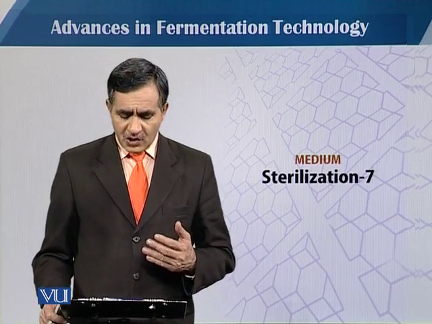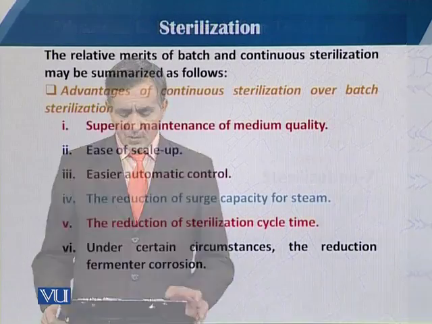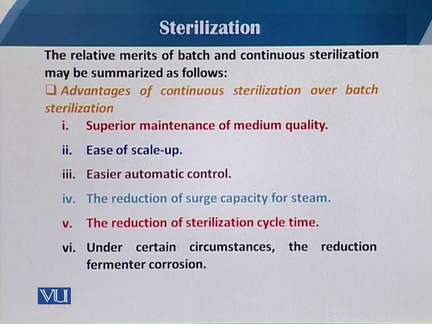But on the other hand, sterilization can be divided into two types on the basis of the mode of sterilization. One is batch mode and the other is continuous mode. Each mode has its own limitations, some are benefits, some are disadvantages. So the relative merit of batch and continuous sterilization.